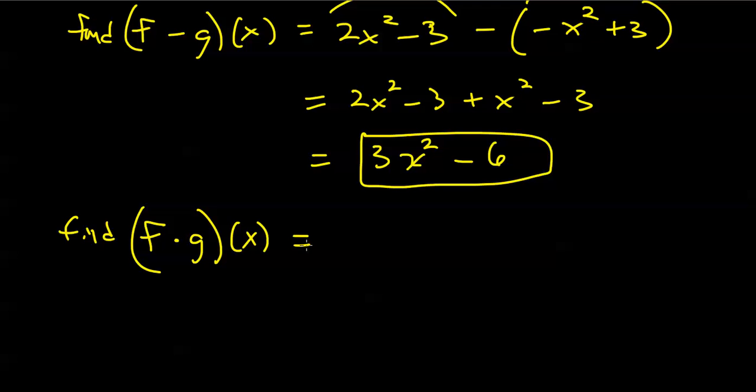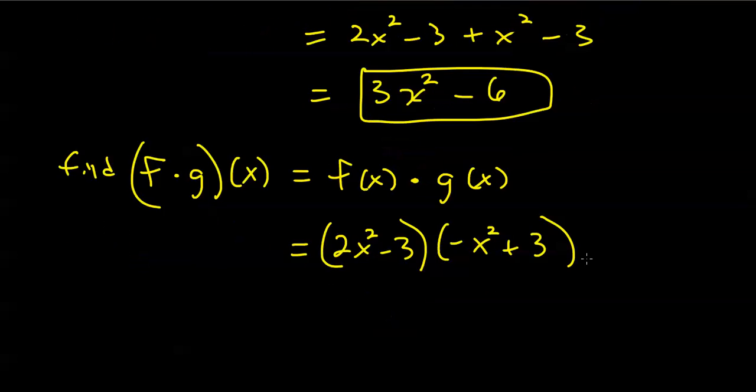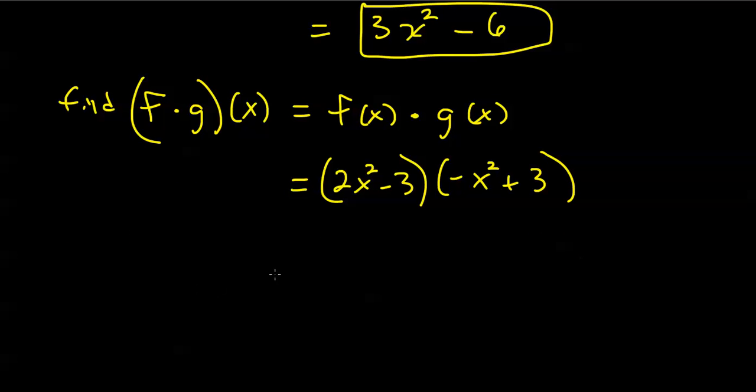We use the FOIL formula. f times g of x is, if you want to be a little more informal about it, f of x times g of x. f of x, as described above, is 2x squared minus 3. It's a binomial. Times g of x is minus x squared plus 3. So I should be able to multiply these two binomials and simplify for a final result.